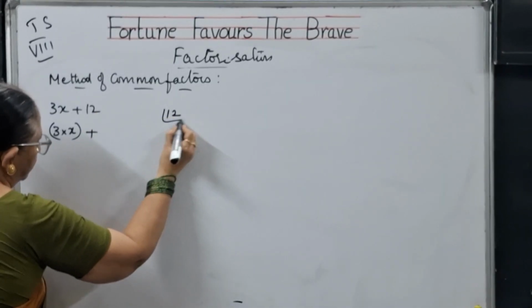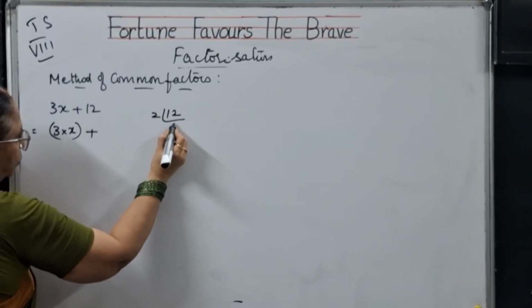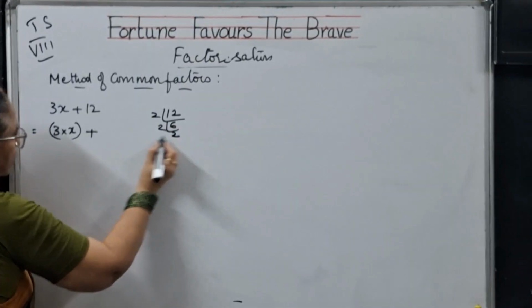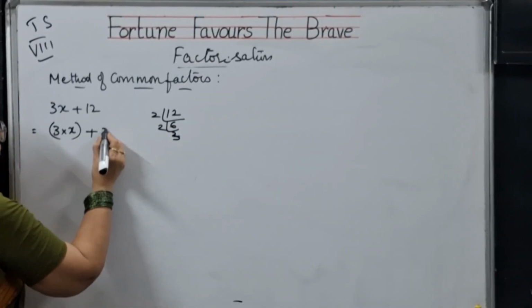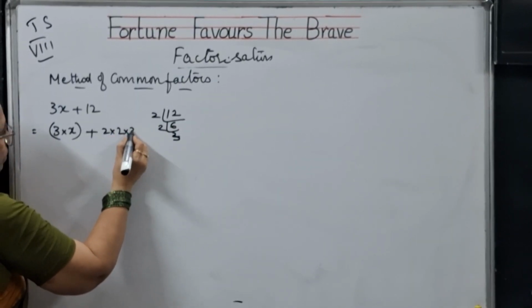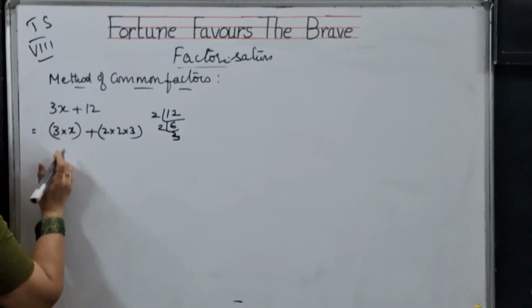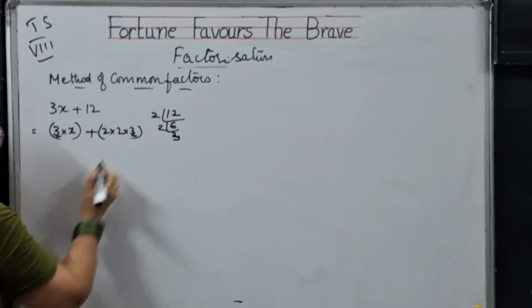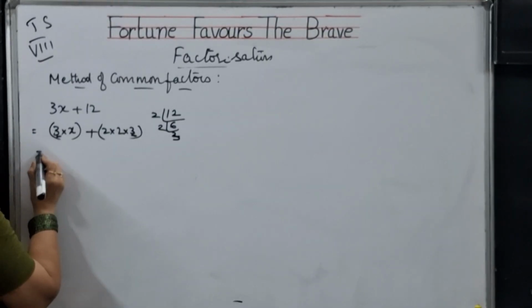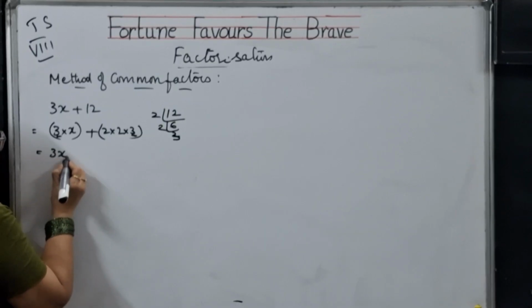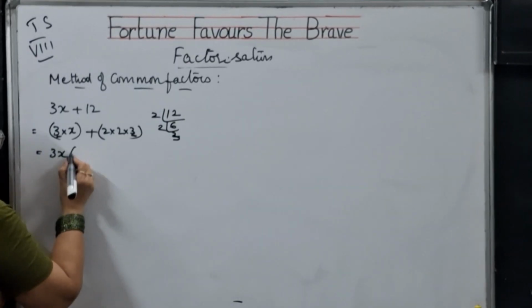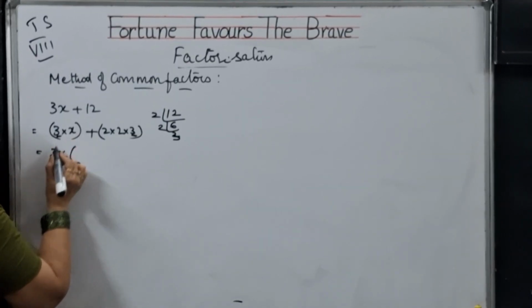Let us find prime factors of 12. 2 sixes are 12, 2 threes are 6. So 2 into 2 into 3. In this, what are the common factors? Let us underline. 3 is common, nothing else. So let us take this common factor out.